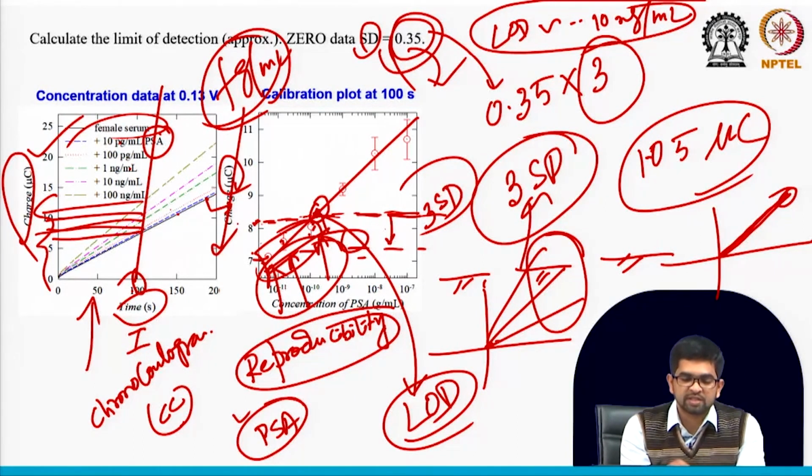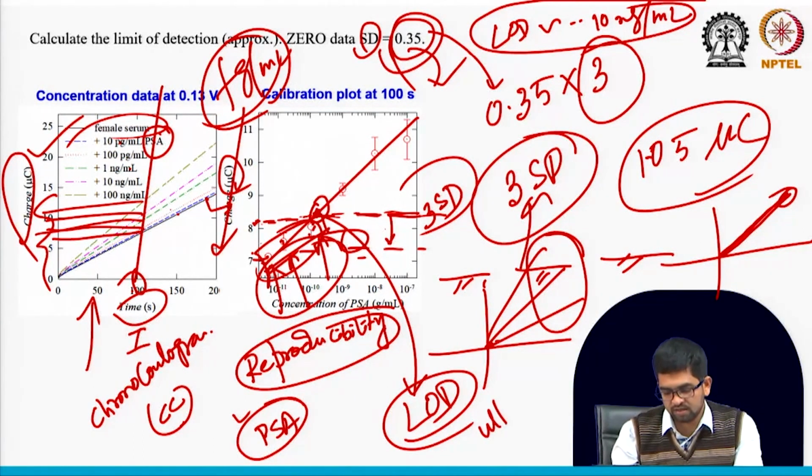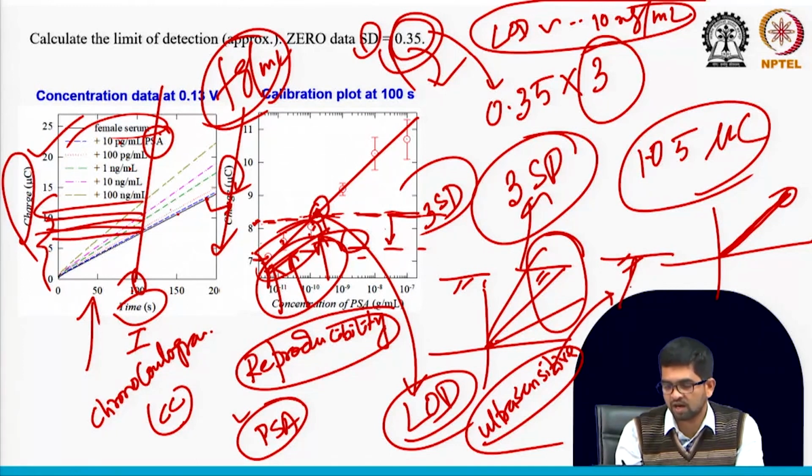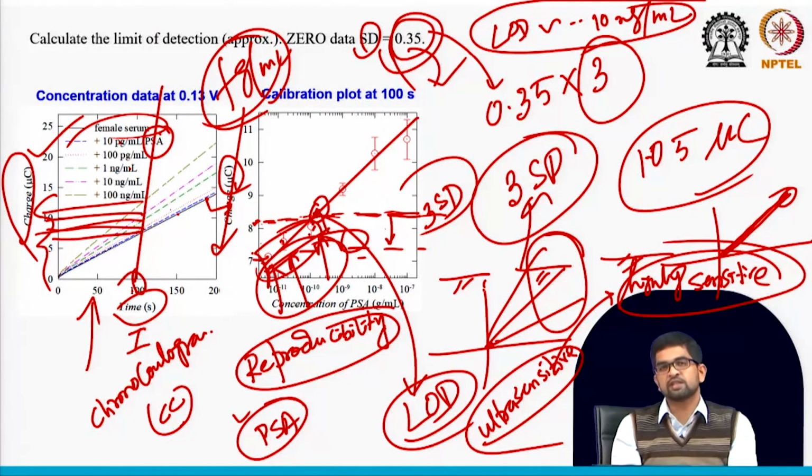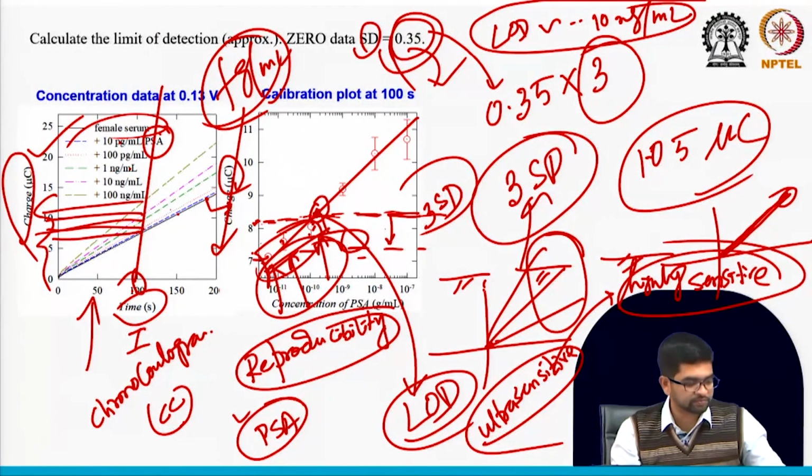Then your sensor will be considered ultra sensitive, or highly sensitive. So your limit of detection can guide you.